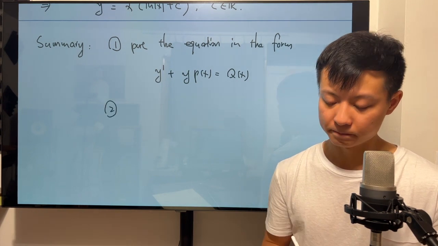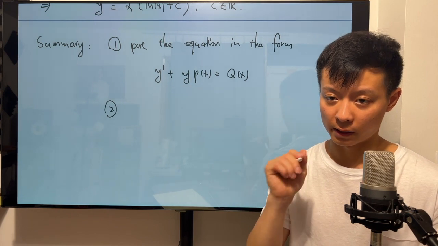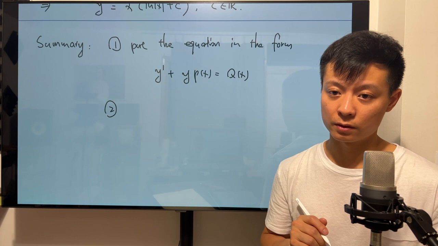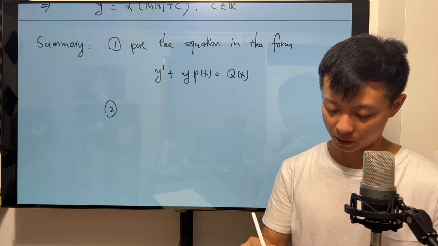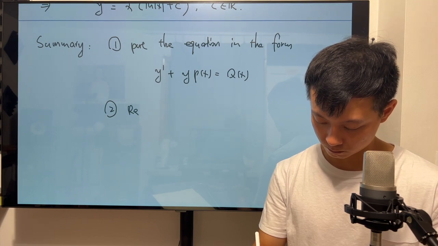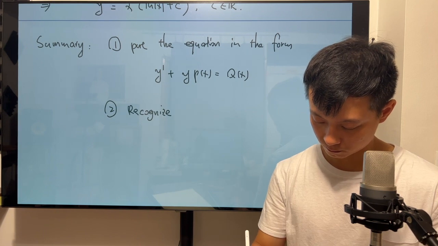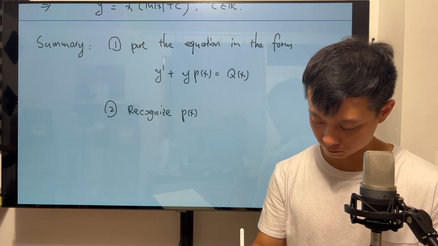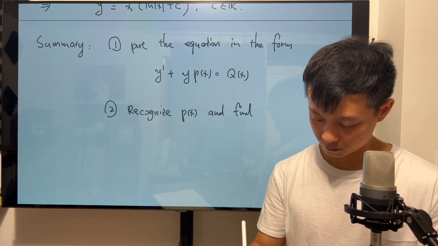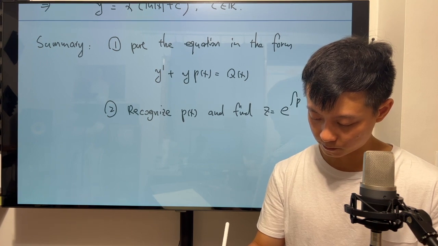And the second step is to recognize your p of x in that situation and calculate the integrating factor z, and find z equal to e raised to this.